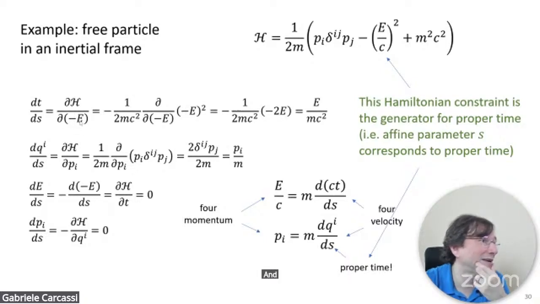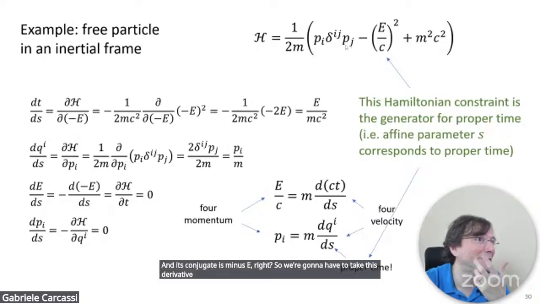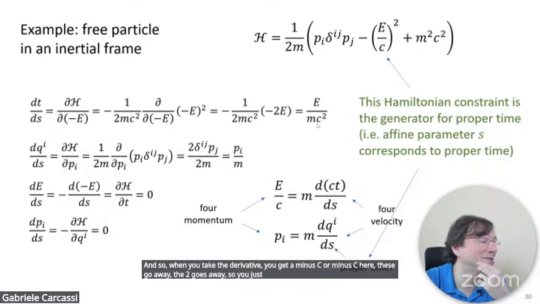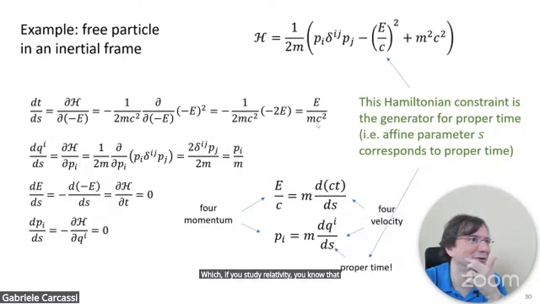And its conjugate is minus E, right? So we take this derivative with respect to minus E. This part is 0, this part is 0. This is the only part that comes. The c you can take out. So you're going to have this minus E squared; when you take the derivative, you get a minus here, the 2 goes away, so you just have E over mc squared, which if you study relativity, you know is a special quantity already.